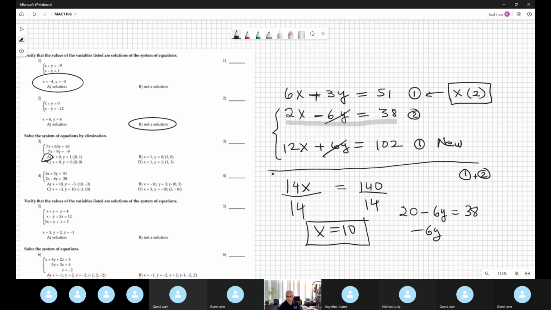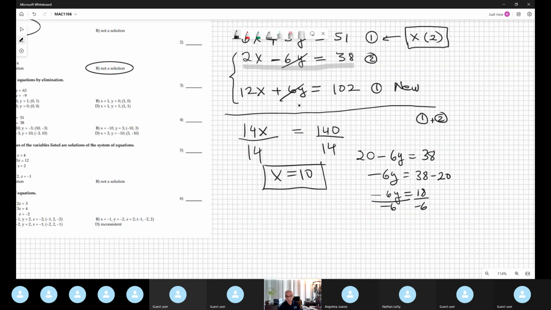Minus 6y is equal to 38 minus 20, which is 18. And divided by minus 6 on both sides, then I get y alone is minus 3. And the solution is the ordered pair (10, negative 3).